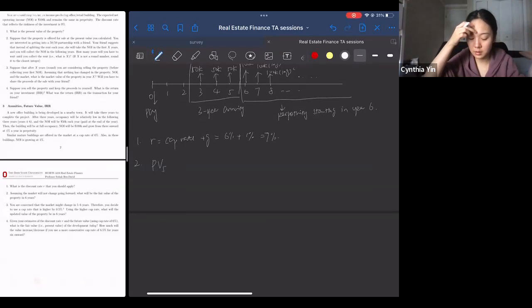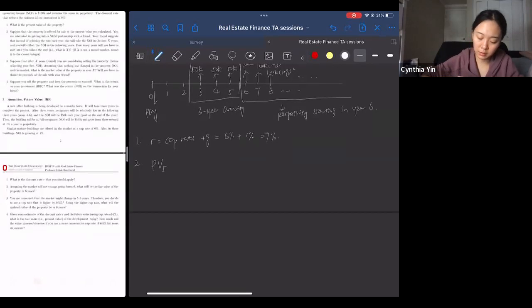So it means he is asking you to evaluate the perpetuity that starts in year 6, and see how much it is worth at year 5, because by default, if your cash flow starts at year 6, you're calculating the value of the property.